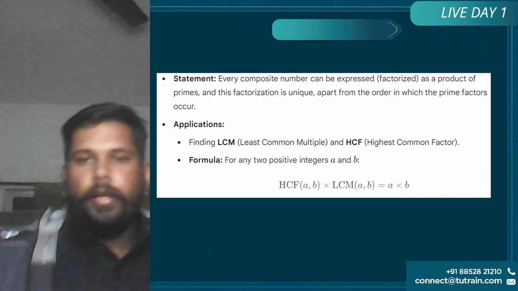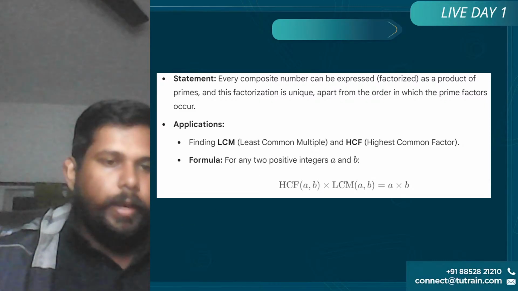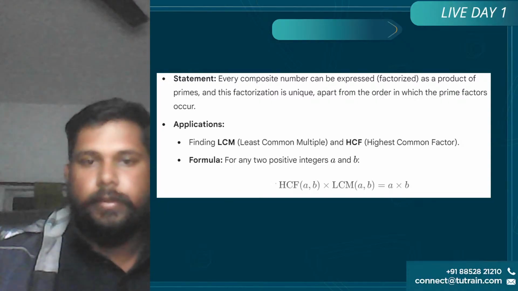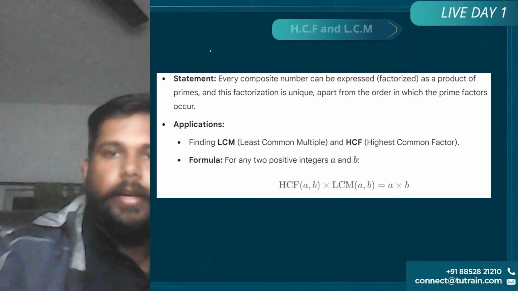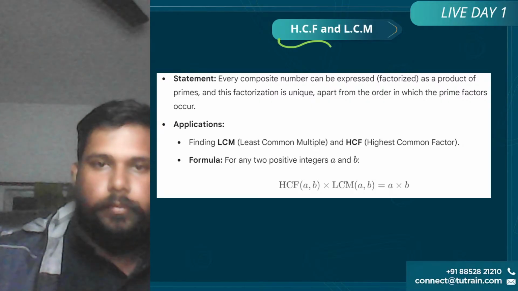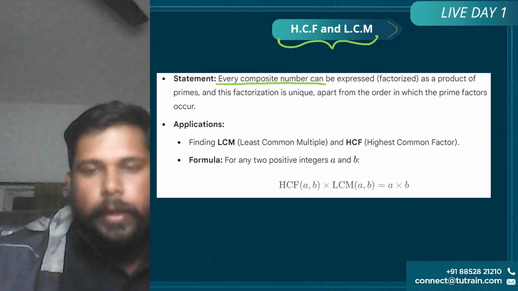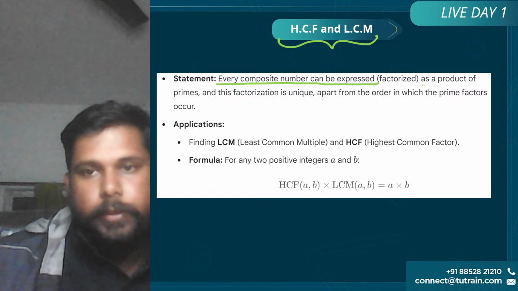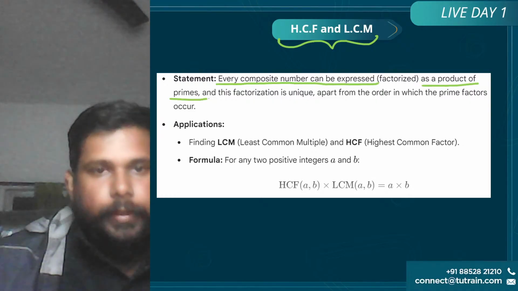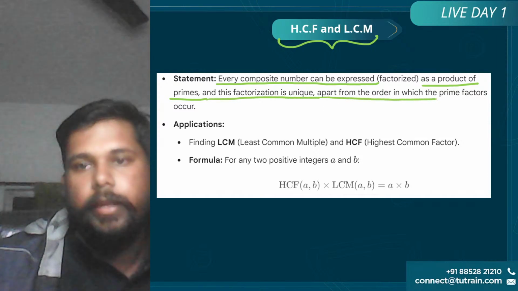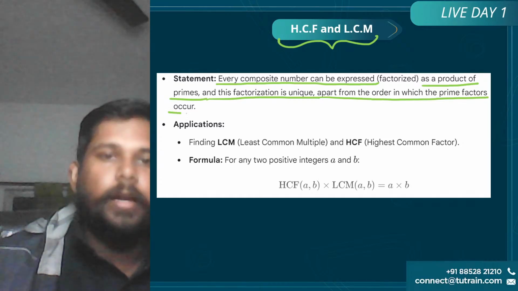So now the most important question which can be asked is the concept of HCF and LCM, right? Yes, and we know that every composite number can be expressed as a product of primes, and this prime factorization is unique apart from the order in which the prime factors occur, right?